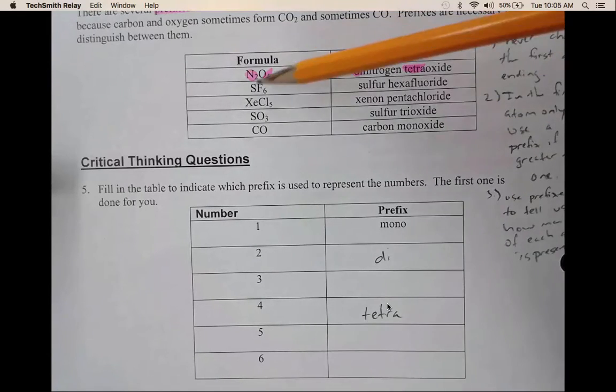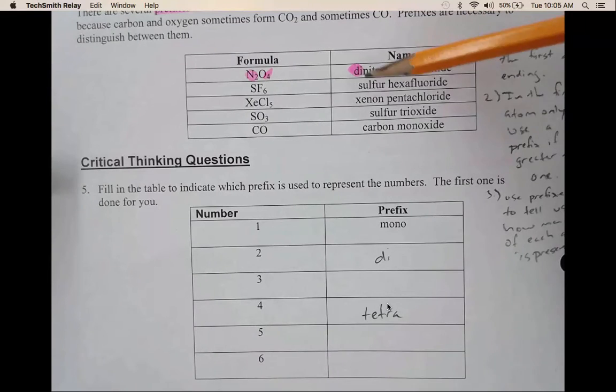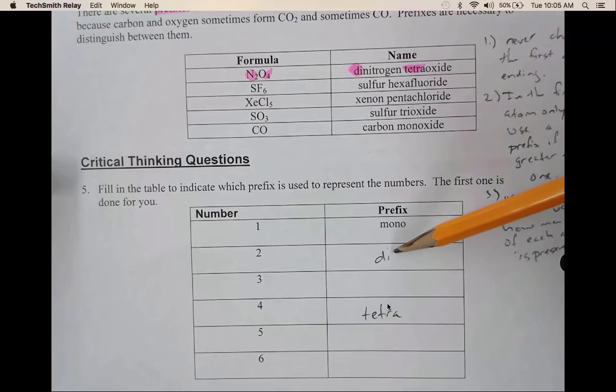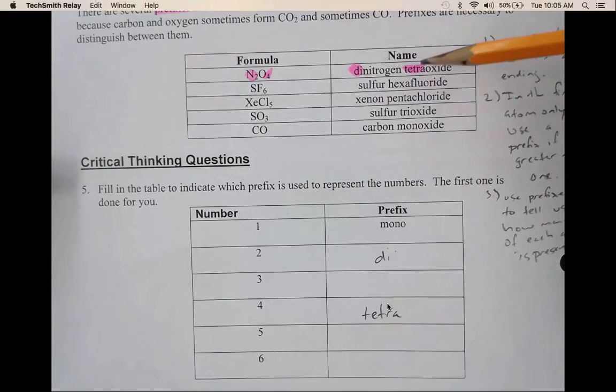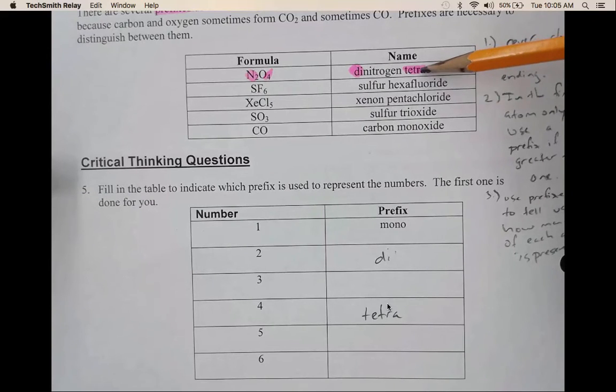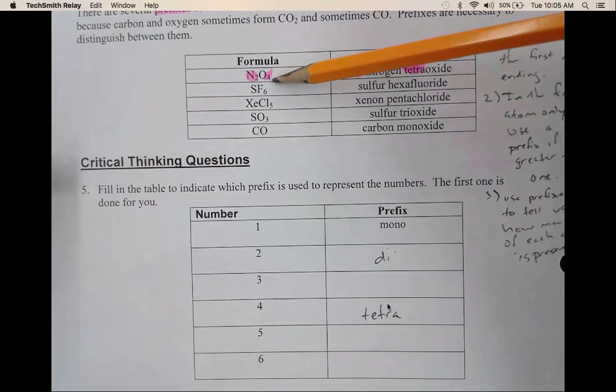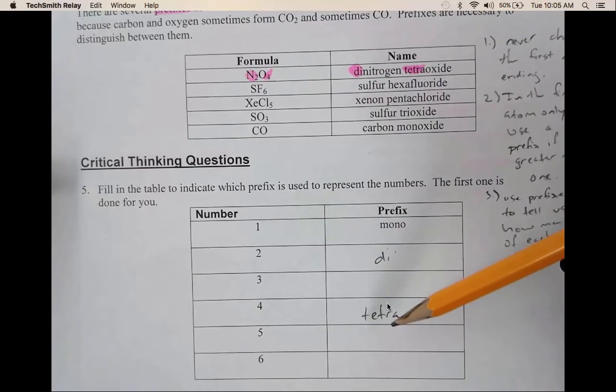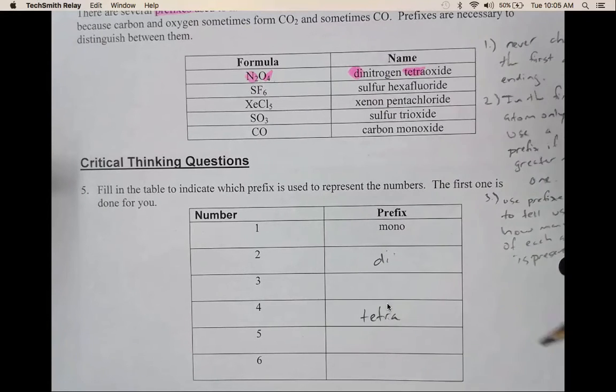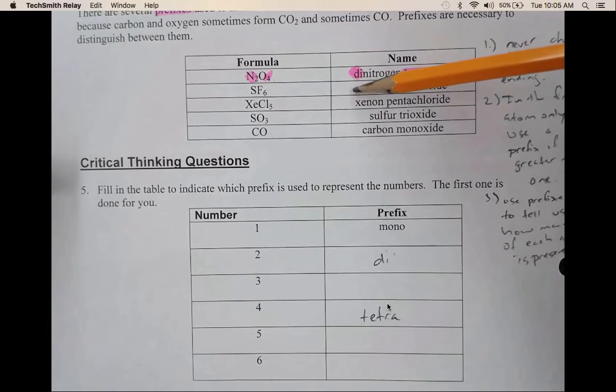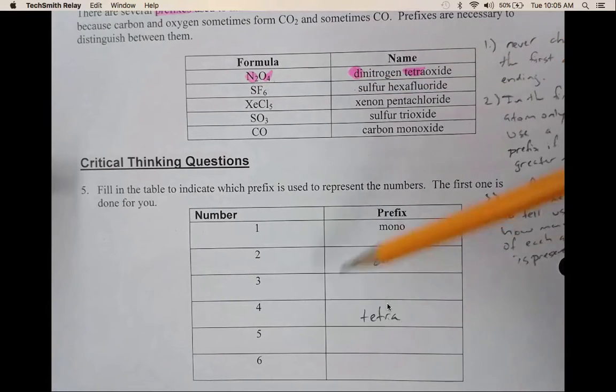If you see here, the subscript is 2, the prefix is di, so we know that the prefix di means 2. Same thing with oxygen. We have tetraoxide, we have 4 oxygens, so that's how we know the prefix is tetra. So now you can do the same thing, analyze the subscript compared to the prefix. It will help you determine what all of the prefixes are.